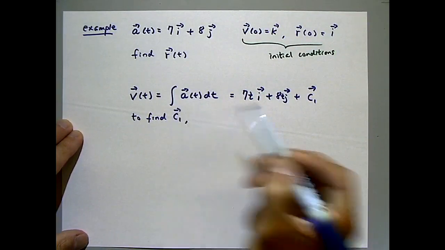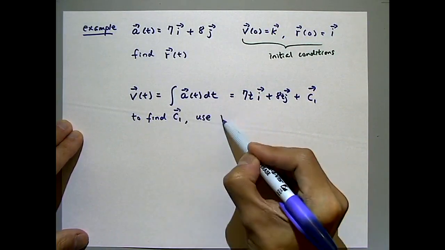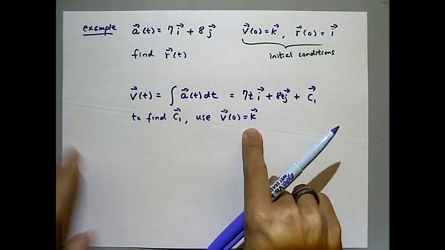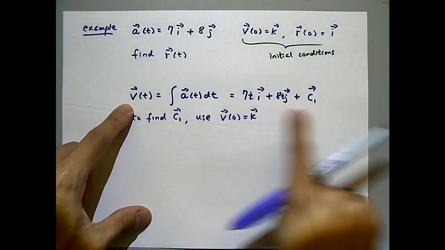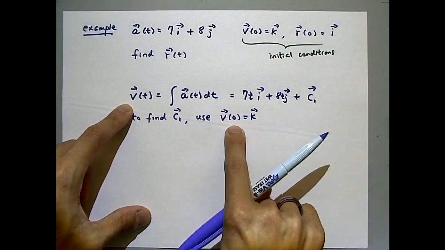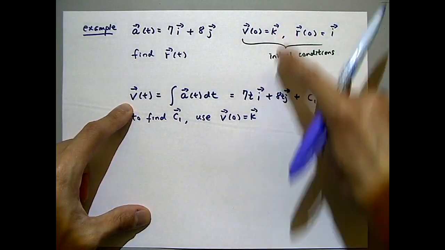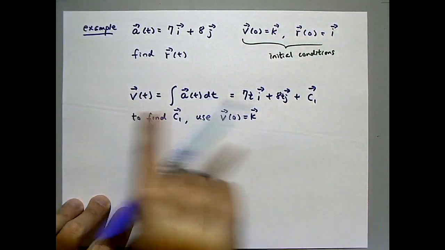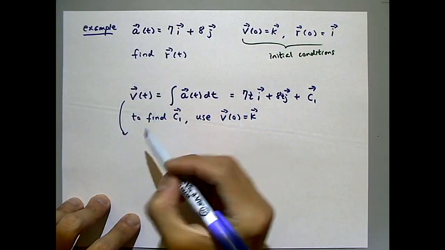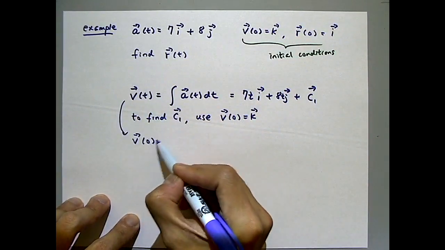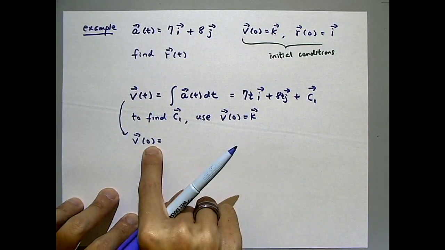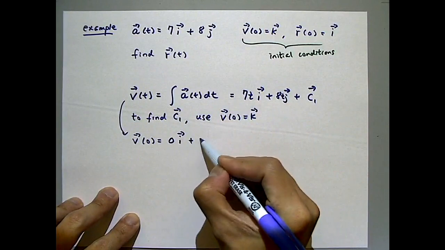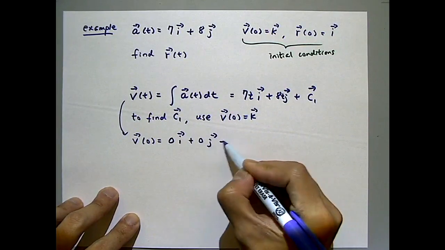To find c1, we use the fact that this v of t, at t equal to 0, is equal to k. This is the condition that's provided to me. So I take my v that I already got, I put in a 0 for t, so I get 0i, 0j plus c1.